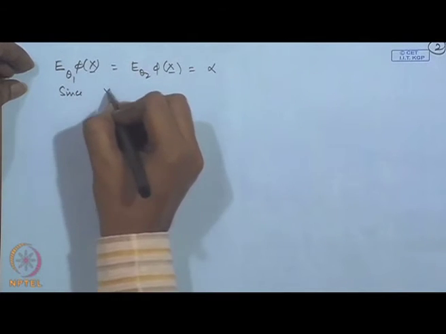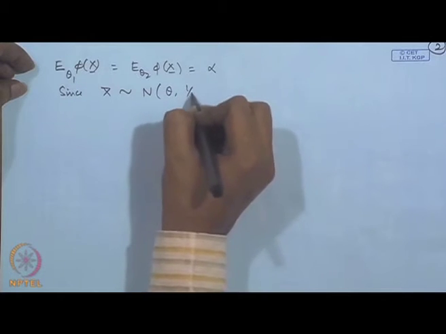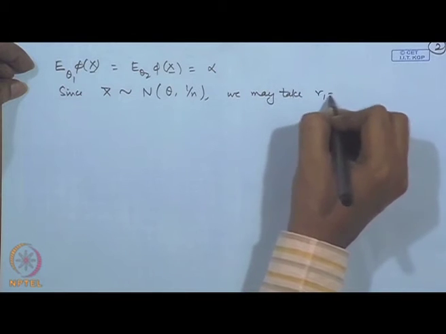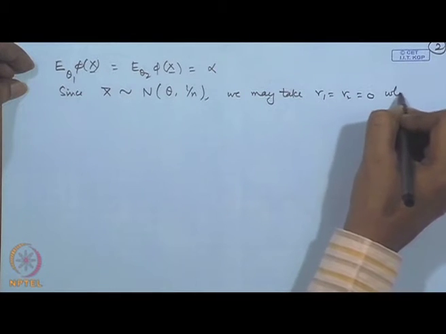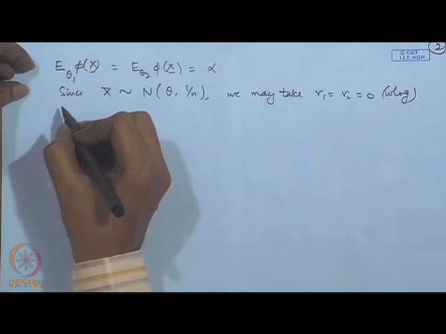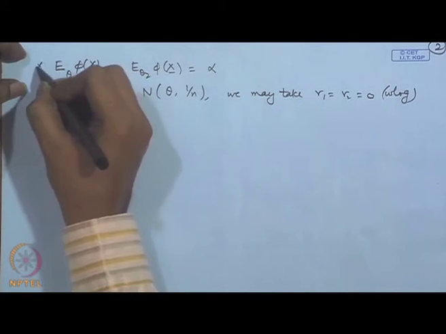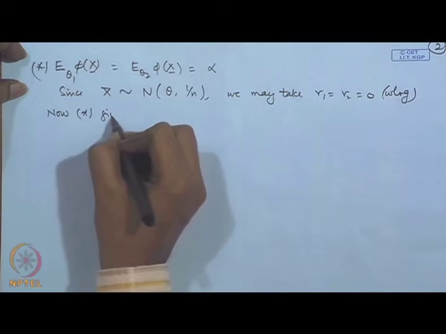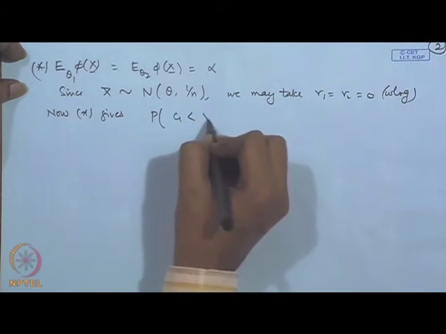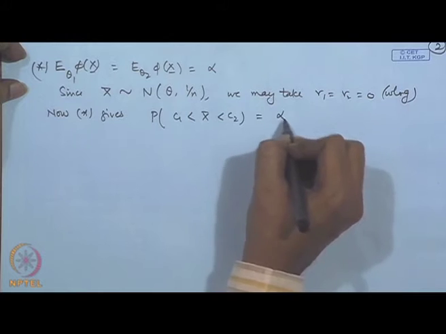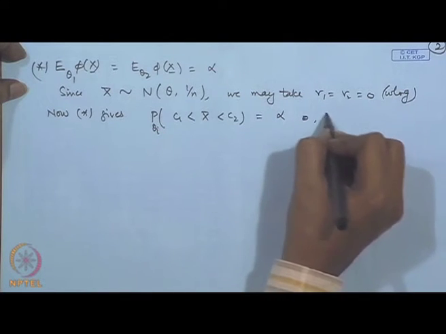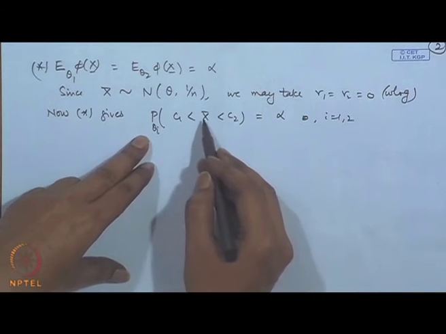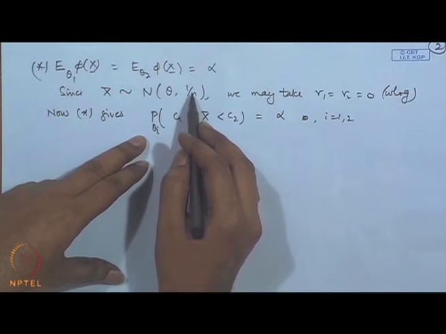Since x bar follows normal theta, 1 by n, we may take gamma 1 equal to gamma 2 equal to 0 without loss of generality. So, now we want this size condition star: probability of C 1 less than x bar less than C 2 is equal to alpha for i equal to 1, 2. Now, when i is equal to 1, then x bar follows normal theta 1, 1 by n.